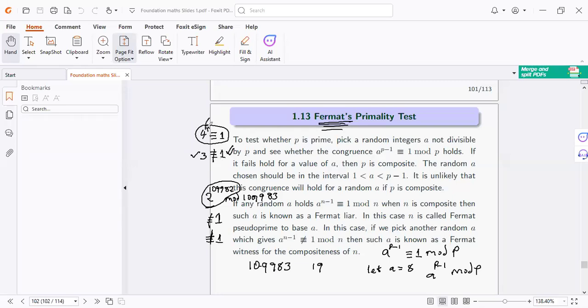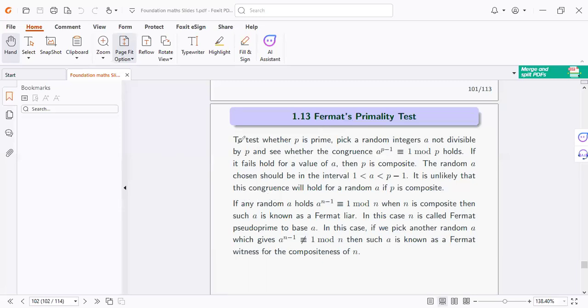So the first number that I tested becomes a liar. We call it a liar. So this is the Fermat's liar. It lied to me that the number was prime, but when I tested another one, it gave me a contradictory message. So that is what we do using Fermat's little theorem to test if a number is prime.